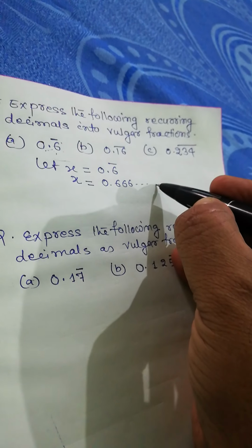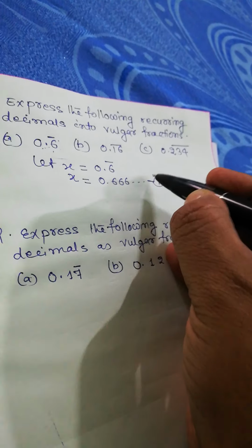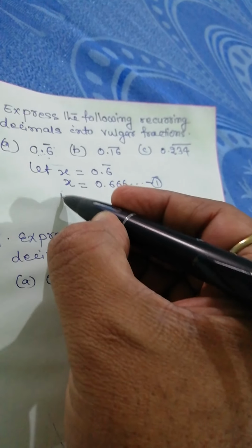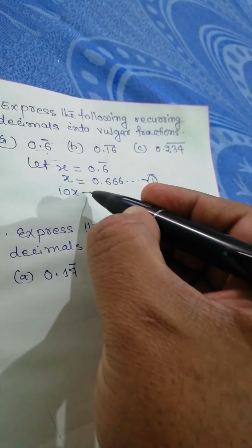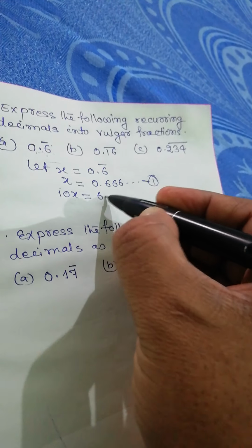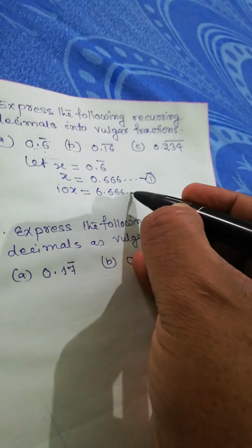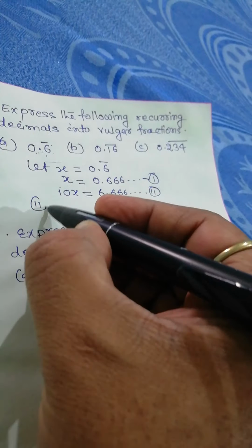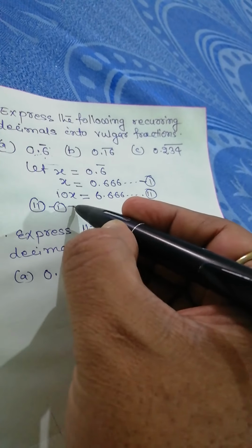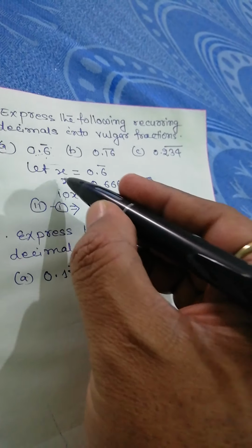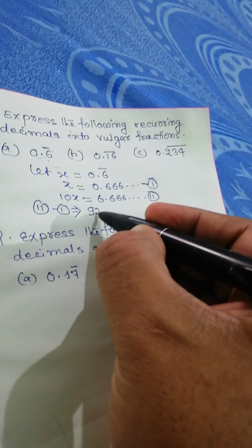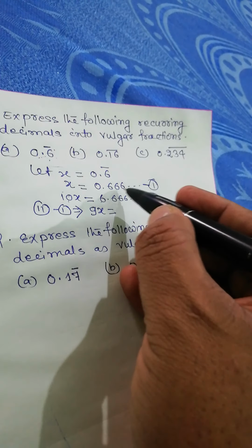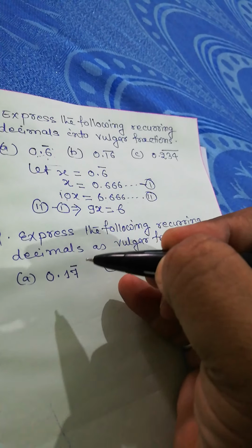Multiplying both sides by 10, we get 10x equal to 6.666 dot dot dot. This is second. Second minus first implies 10x minus x, that is 9x, and 6.666 minus 0.666 is 6 only.